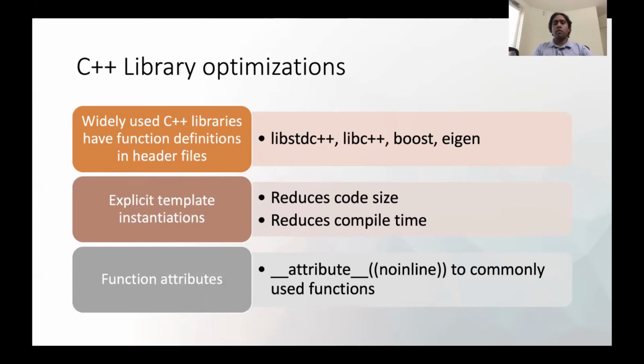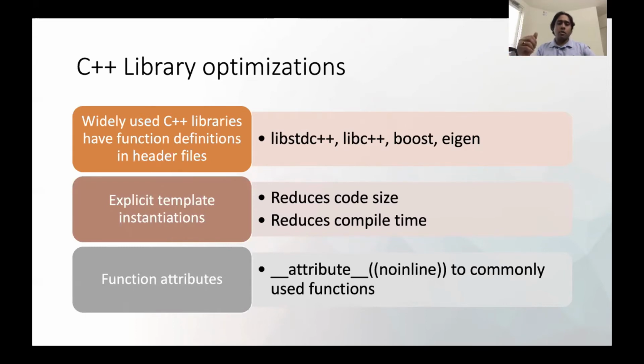This is one of those things that receives a huge amount of complaints from developers who care about code size. So what we can do is outline those functions into a CPP file. So that will reduce these issues.